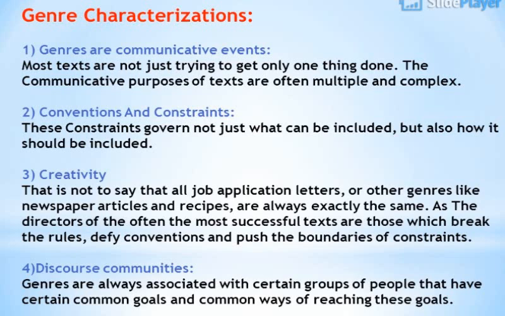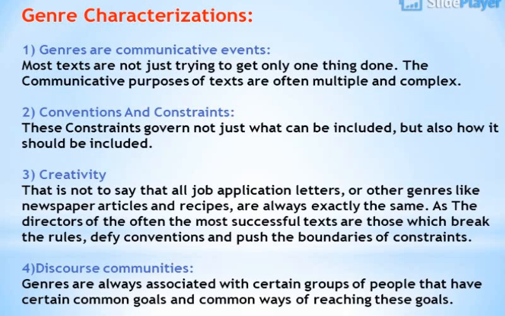Genre characterizations. 1. Genres are communicative events. Most texts are not just trying to get only one thing done. The communicative purposes of texts are often multiple and complex. 2. Conventions and constraints. These constraints govern not just what can be included, but also how it should be included. 3. Creativity.